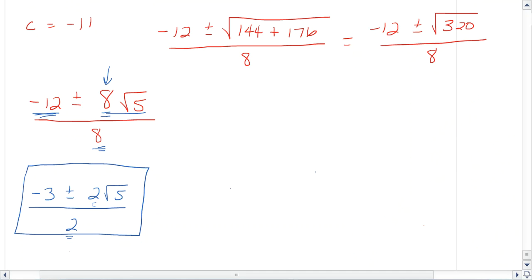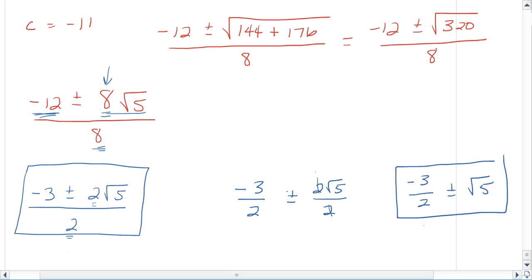So what they want to do is take that negative 3 and put it over its own denominator of 2, and then keep the plus minus sign and put the 2 square root 5 over its own denominator of 2. Now these two are perfectly fine, and they would only do this because they want to be able to divide out these 2's. And so some people prefer to write this answer as -3/2 plus minus square root 5. This is also a perfectly acceptable way to write these answers.